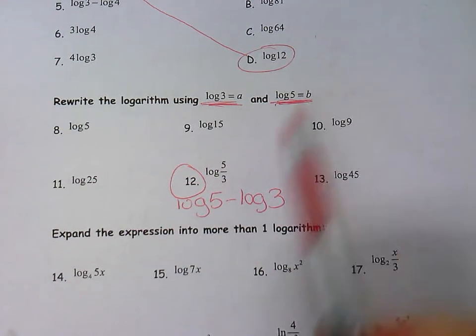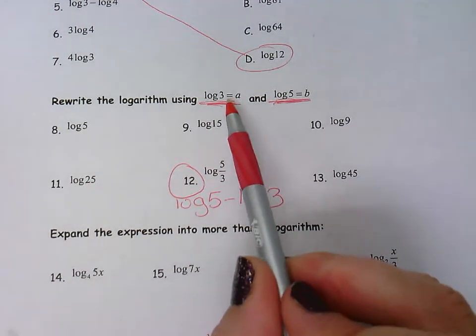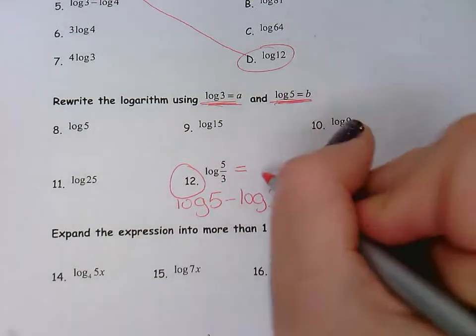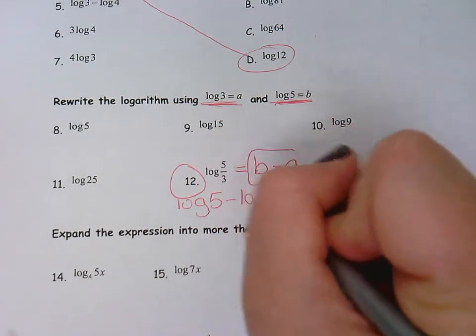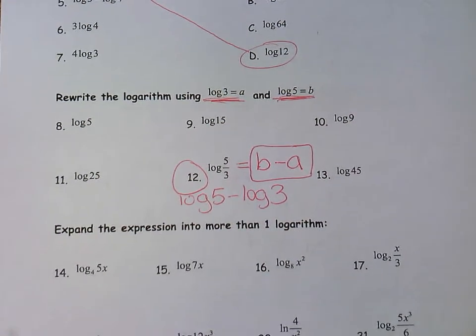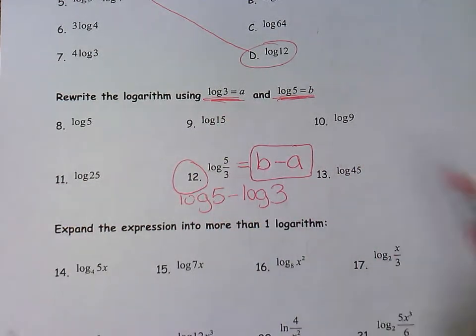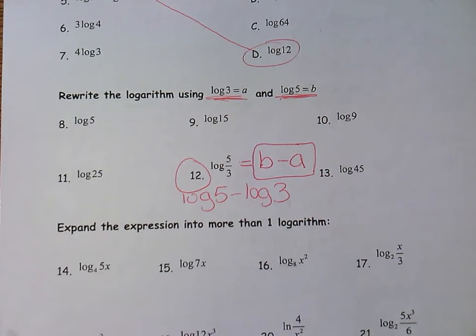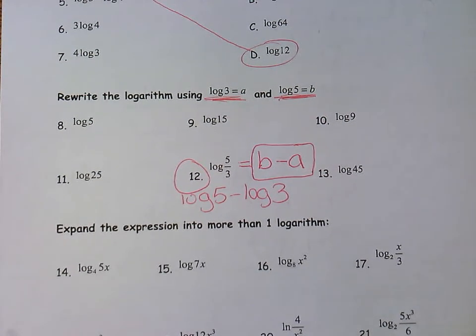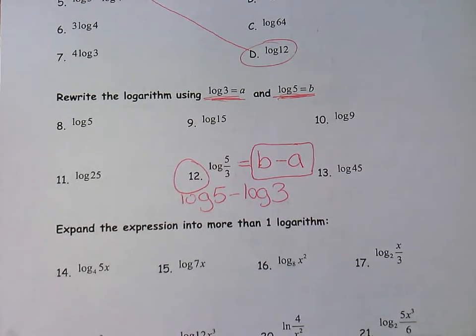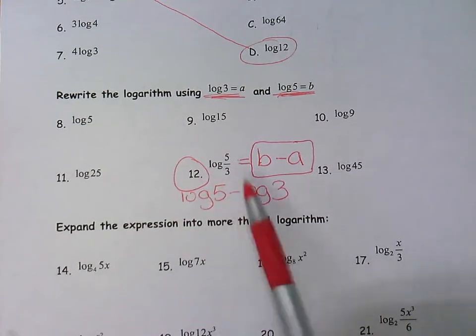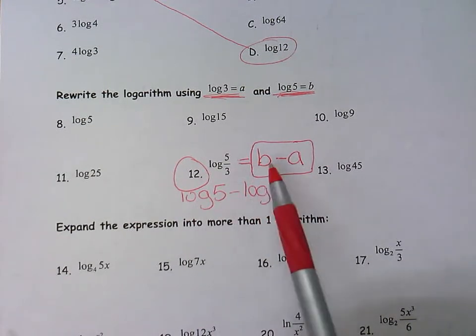B. How do I represent the log of 3? A. So this simplifies into the expression B minus A. So you're just practicing that property and you're using B's and A's for all of these answers. So you might have 2B as one of your answers. You might have B plus A as one of your answers. There's going to be no logs in the final answer, just B's and A's.